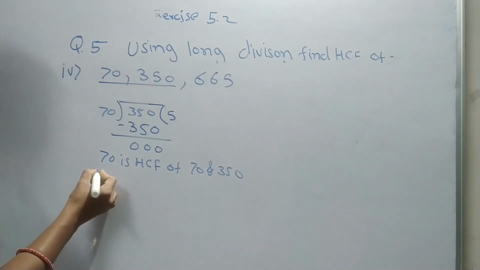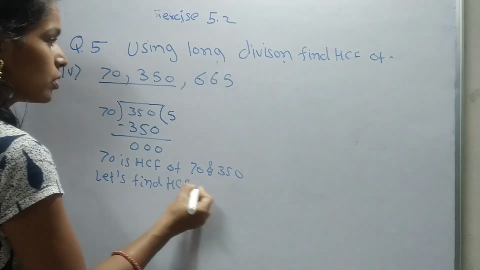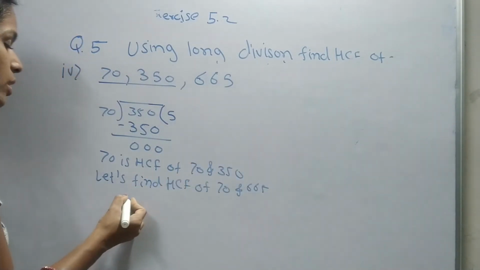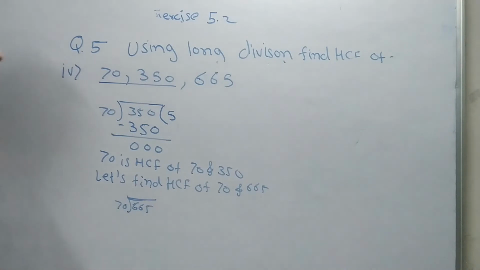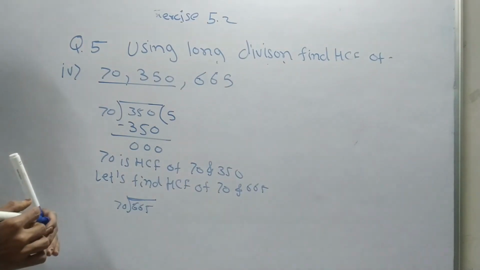So let's find the HCF of 70 and 665. Divide 665 by 70. We know the table of 70. In the table of 70, 665 does not come.